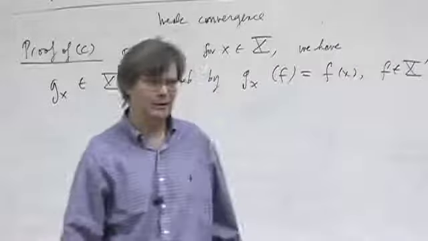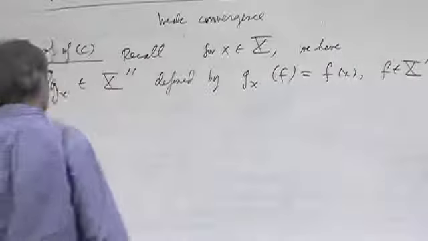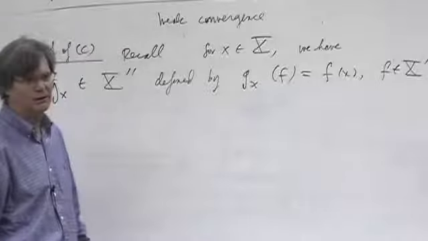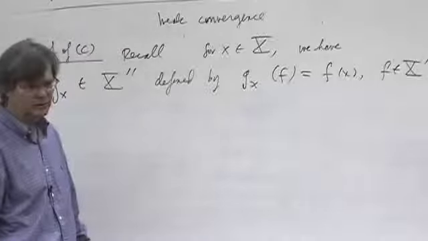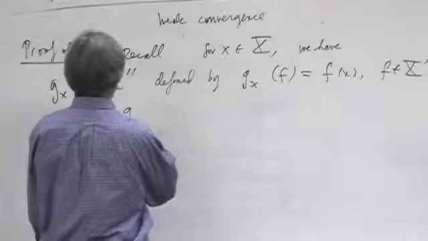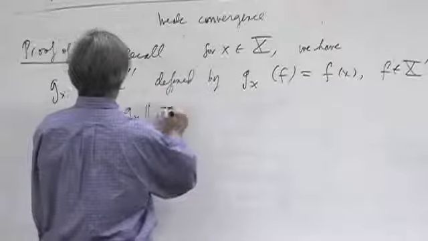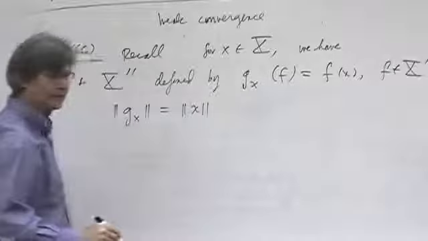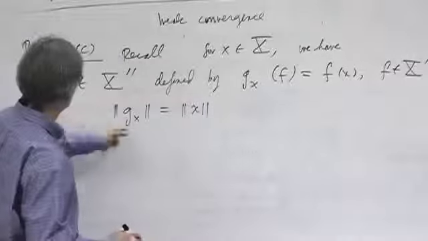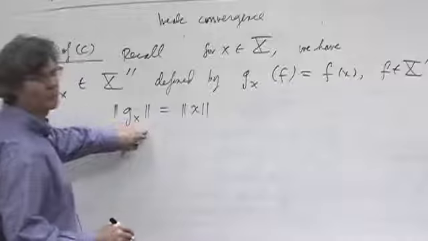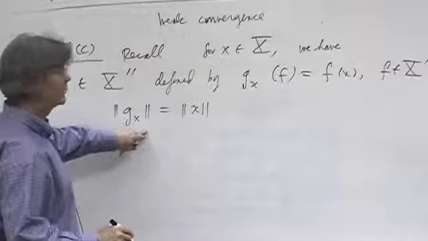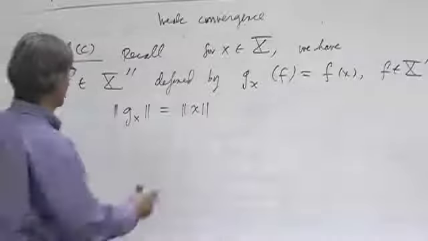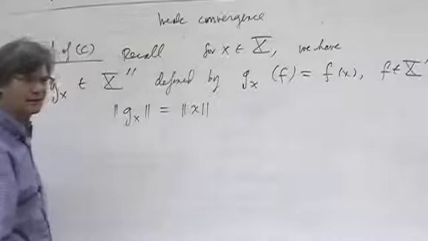So in that way, you actually had that the original space was isometrically embedded into the second dual, because you have that the norm of g sub x is equal to the norm of x. Here g sub x is the linear functional on x prime, and this is just the norm in the original space.